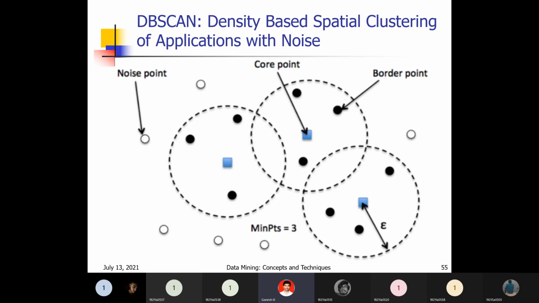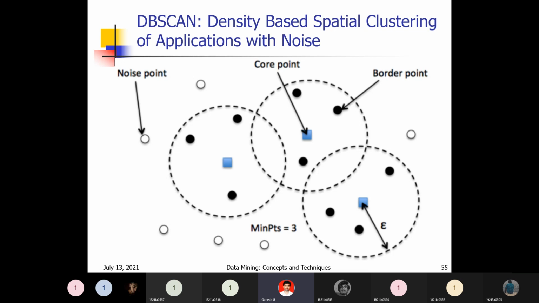Draw a circle with epsilon radius for that particular point. Then in that circle, if 3 elements are there other than this point, we can say this is a core point. You have to test every object to see whether it is a core point or not.